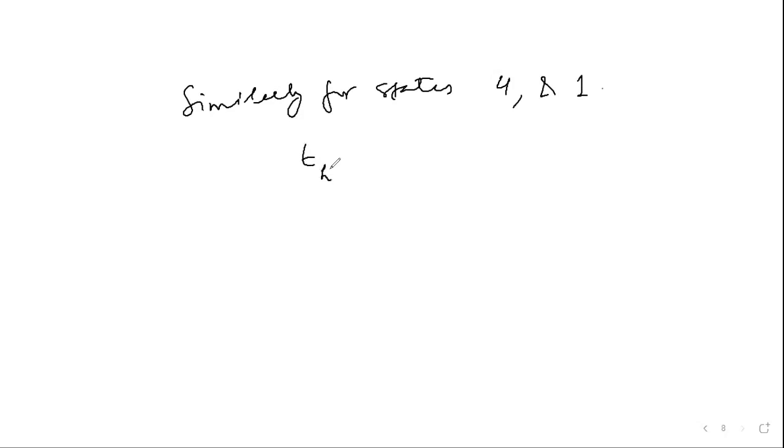Similarly, for states 4 and 1, which are also connected by an adiabatic path, that's adiabatic compression, I can write Th V1 raised to gamma minus 1 is equal to Tc V4 raised to gamma minus 1.